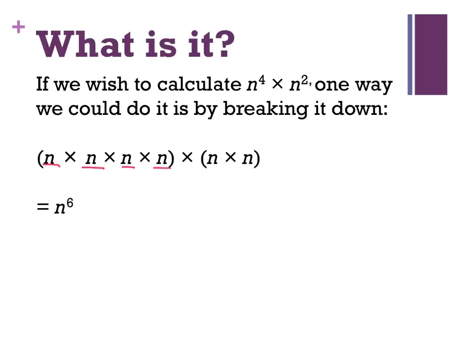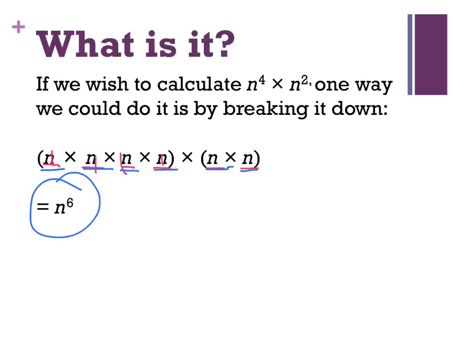Not n times 4, but n multiplied by itself 4 times. And then I get n to the power of 2, which is n multiplied by n, twice. So that's 4 times and 2 times. Technically, if I do that, I could go 1, 2, 3, 4, 5, 6. They're all multiplying by each other. I can write that as n to the power of 6.